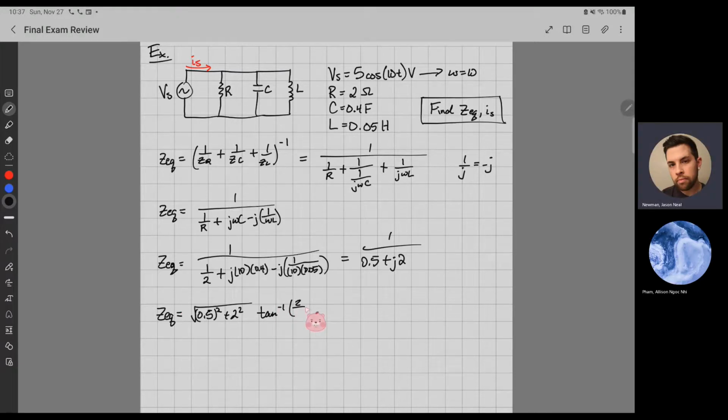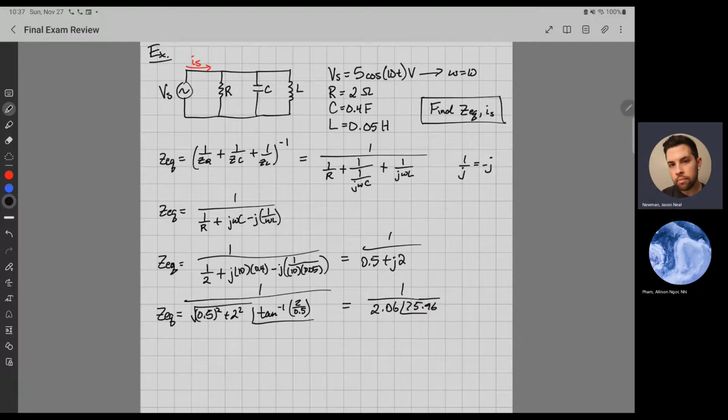It's going to be 2 over 0.5, and that's going to be our angle. And then all that is going to be over 1. And when we do that math, we're going to get 1 over 2.06, angle 75.96.